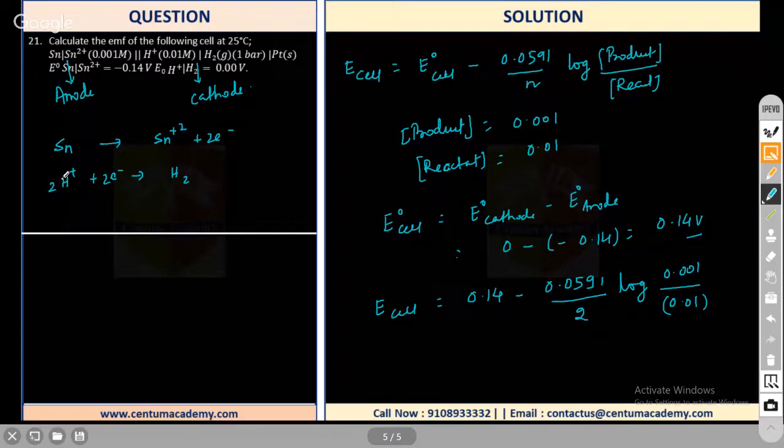So this 2 will go on the power here like this. Don't miss this. Usually students make mistakes over here. So don't do this. The charge must be balanced, plus 2 and 2 so that it gets cancelled. The best way is to write down the cell reaction. Write the half reactions first, add these two, you'll get the cell reaction, and then you will have the value of N. Substitute this, and you will get the answer. The answer will be 0.1105 volt for this question.